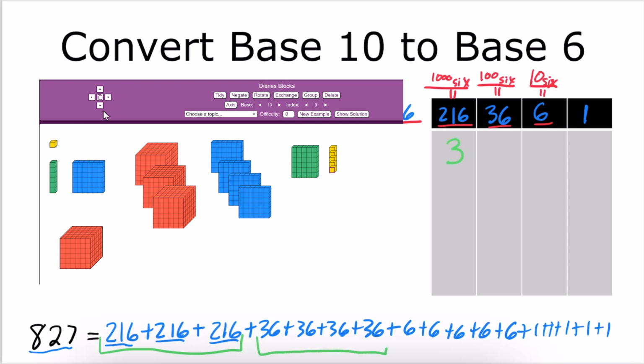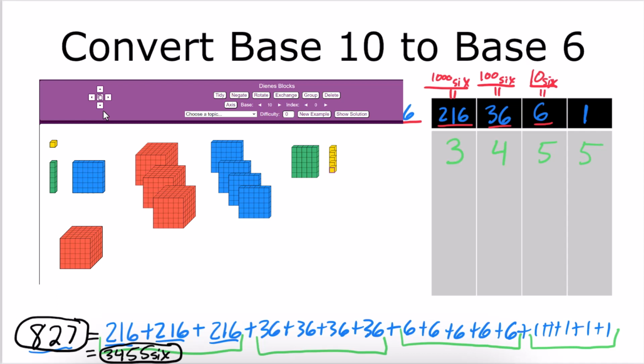I have 4 36s, so I'll have a 4 in that place value. And I have 5 6s, and so that would be in that column. And then I have 5 1s as well. And so what that tells me is that the number 827 is equal to the number 3455 in base 6. So this numeral represents the same number of items as this numeral in base 10.